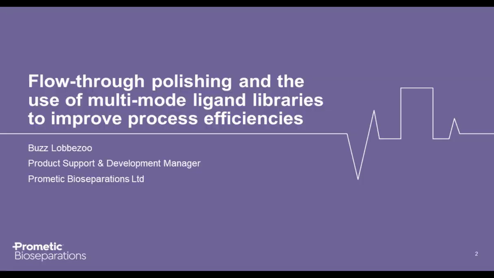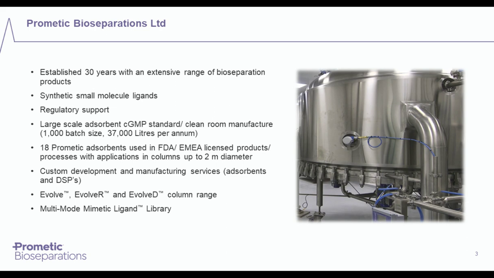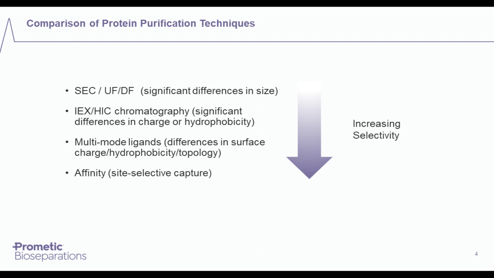We have the capacity to produce over 1,000-liter batch sizes, and our adsorbents have been used in FDA, MEA licensed products and processes. PBL also provides the MMM plates for rapid screening applications, as well as a range of columns, both standard and disposable. Today, I'd like to review the use of multi-mode ligands and their application in the flow-through polishing steps.